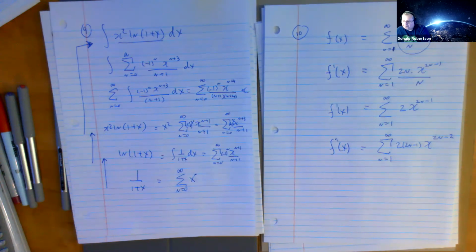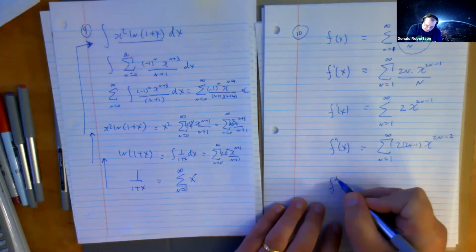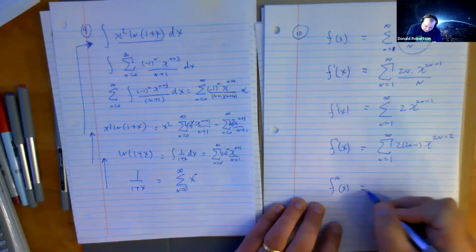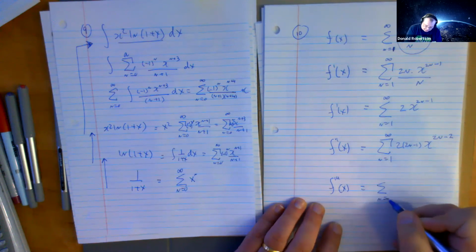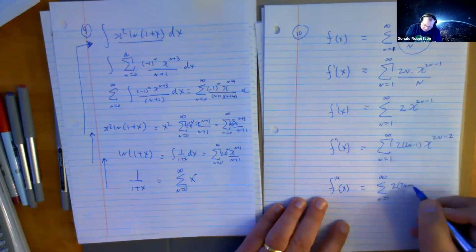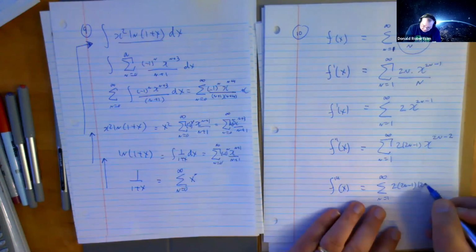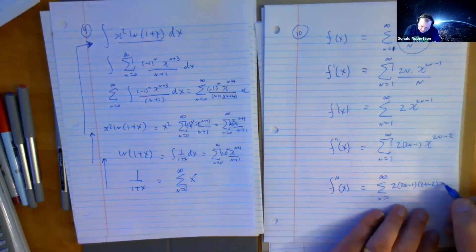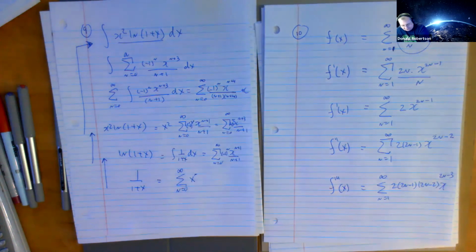Comfy? Everybody happy? One last time. Multiply by the power and reduce the power by 1. Everything looks totally fine, doesn't it?